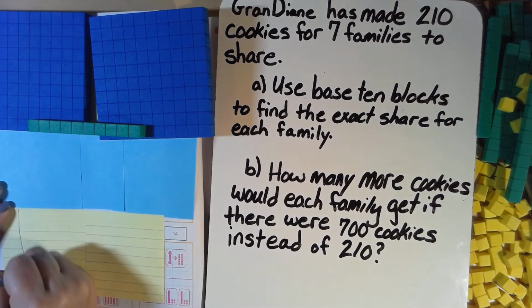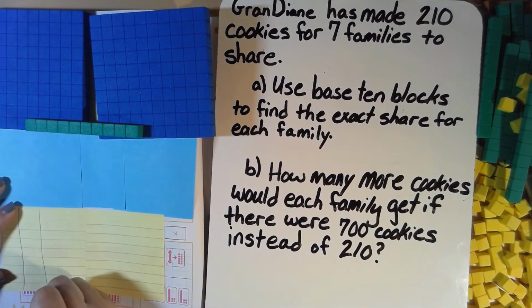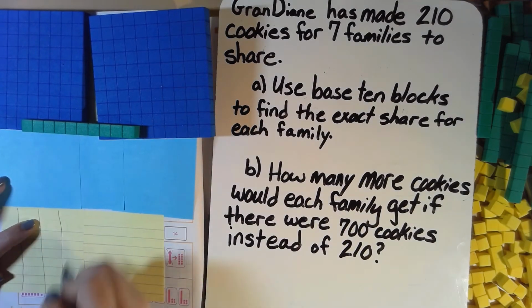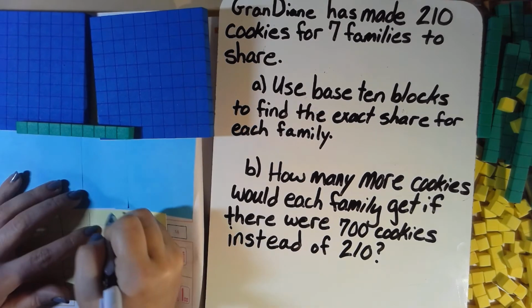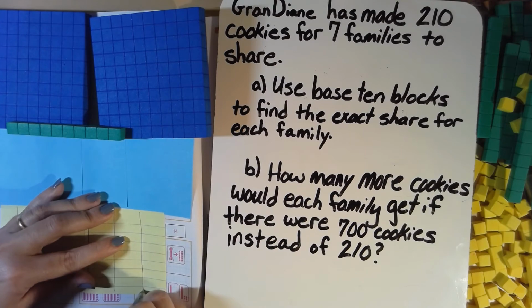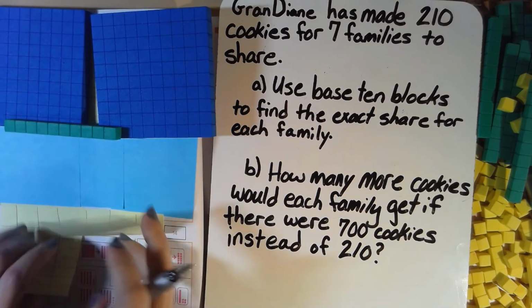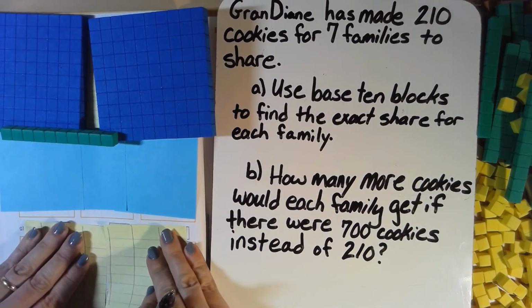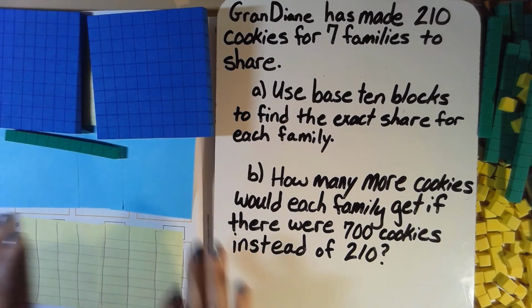1, 2, 3, 4, 5, 6, 7. Do you see that? 7 groups.